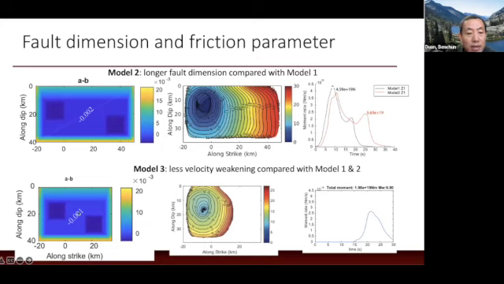But the frictional property of the conditionally stable zone is very critical. In this case, we reduce A minus B from negative 0.02 to negative 0.001, with other things the same, but the rupture only breaks Z1 and does not break Z2.